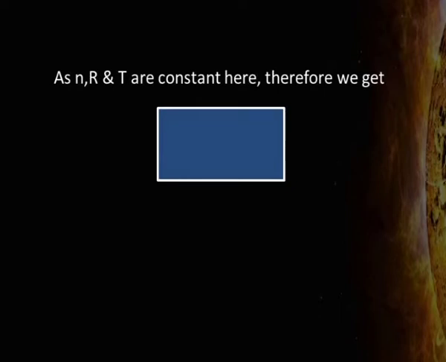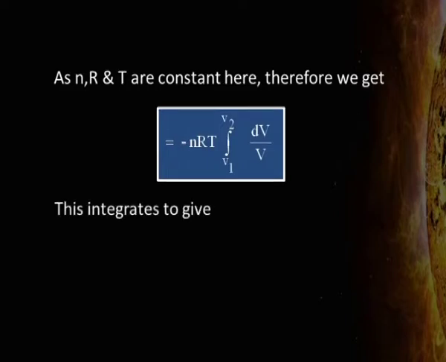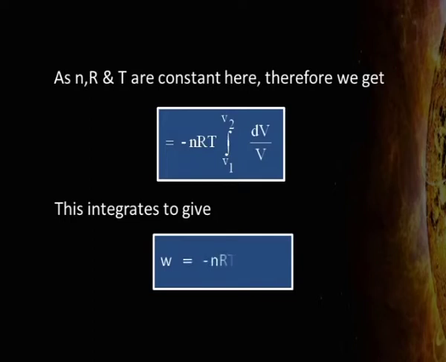As n, R and T are constants here, therefore, we will get W equal to minus nRT integral of 1 by V into dV in the limits V1 and V2. This integrates to give W equal to minus nRT natural logarithm of V2 upon V1.